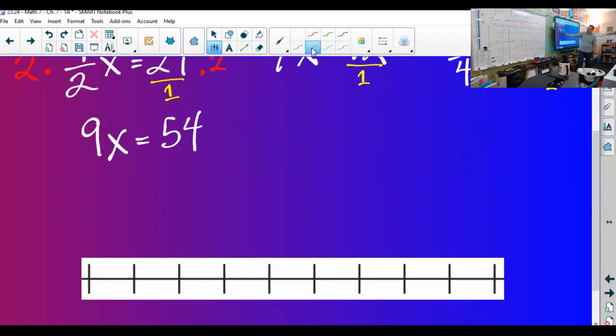So if you want to break these into 2 different steps, you can. You can take it one step at a time. Sorry, wrote the wrong number. What should I be dividing by here? 9. The number you want to get rid of, right? So the number we want to get rid of is 9. We're going to divide by 9. 54 divided by 9? 6.